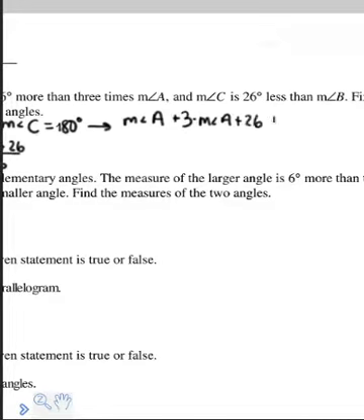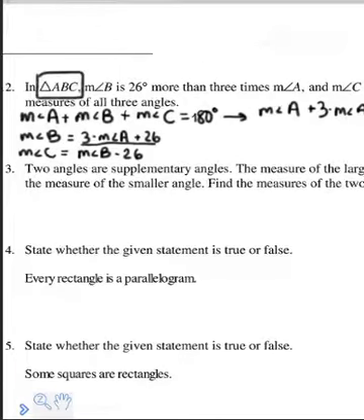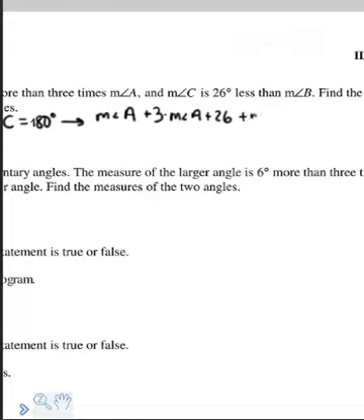And then instead of plus the measure of angle C, I'm going to substitute this expression for the measure of angle C, plus measure of angle B minus 26, and that's equal to 180. 26 and negative 26 cancel each other out.